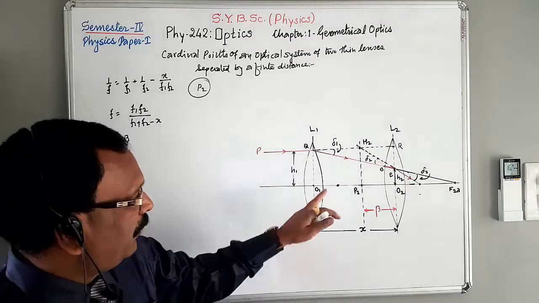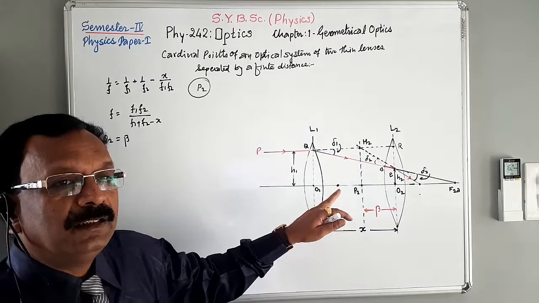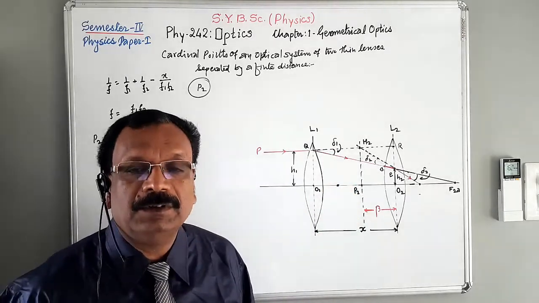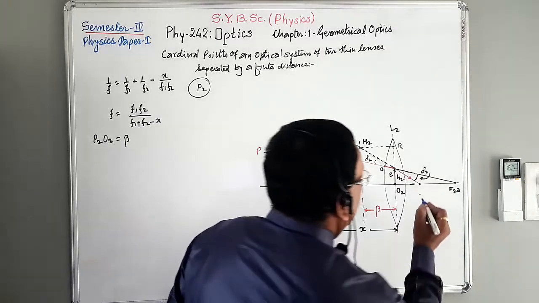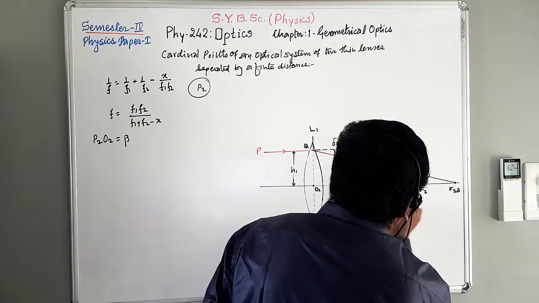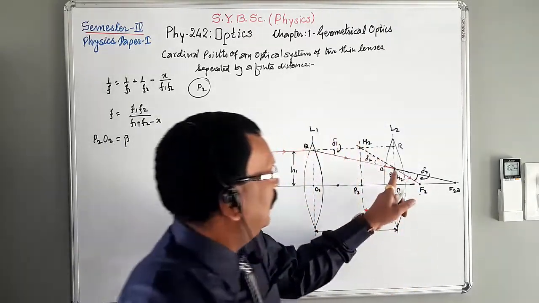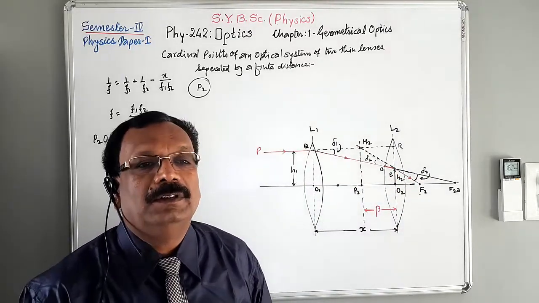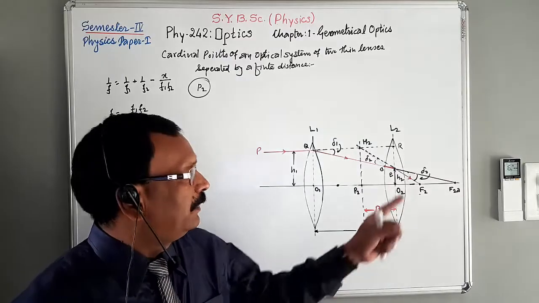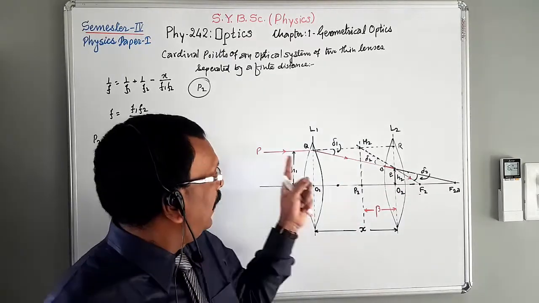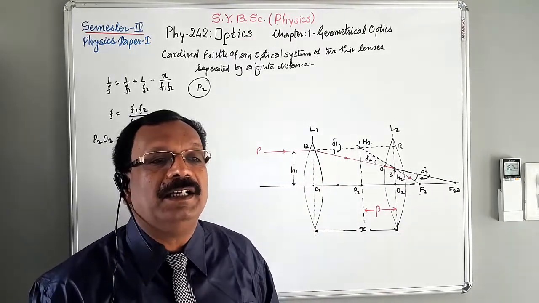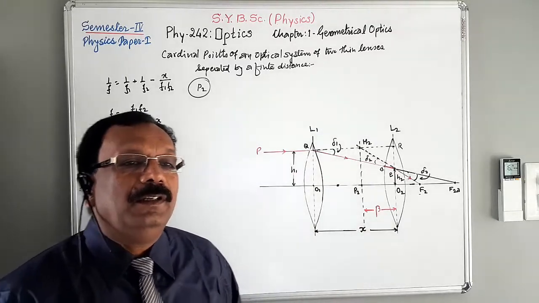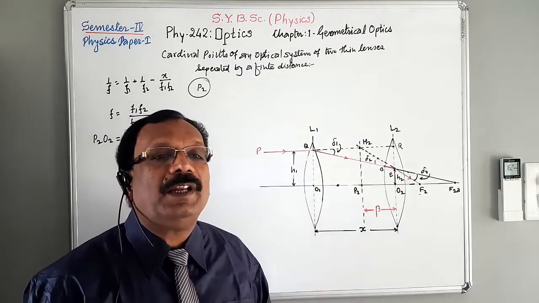In this figure we can see EF2. Where is EF2? This is EF2. The ray EF2 is the final emergent ray, and PQ is the incident ray. In this figure there are two triangles.